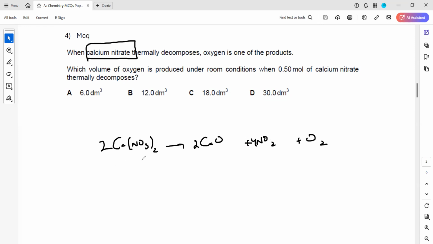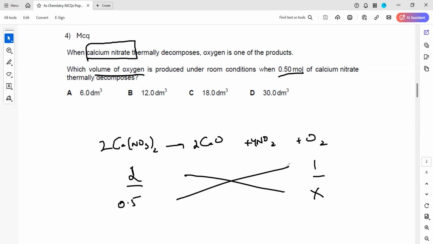Then you will use the ratio after writing a balanced equation. The ratio is 2:4, or the ratio is 2:1, I guess, because of the oxygen. What volume of oxygen is produced? So the ratio is 2:1. If we have 0.5 moles, this will be X. We cross multiply, so after cross multiplying, if 2:1 is the ratio, 0.5 will give 0.25 moles.